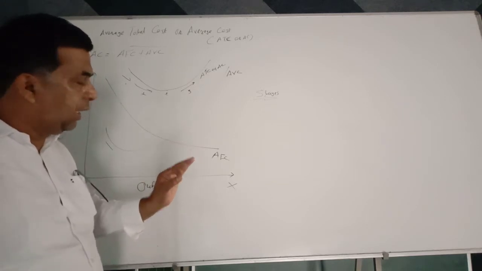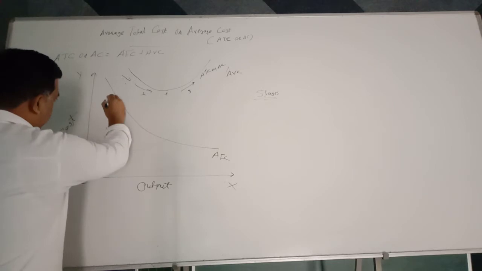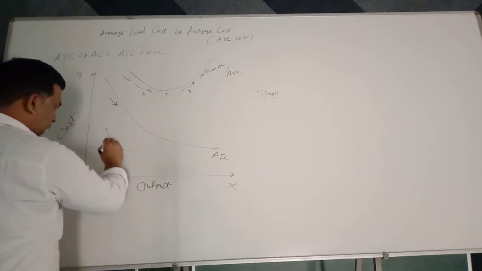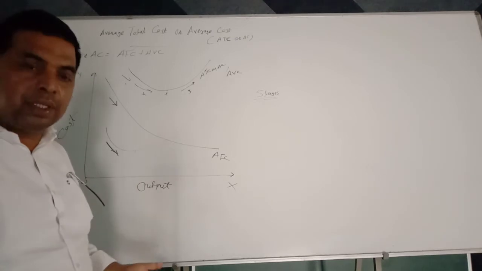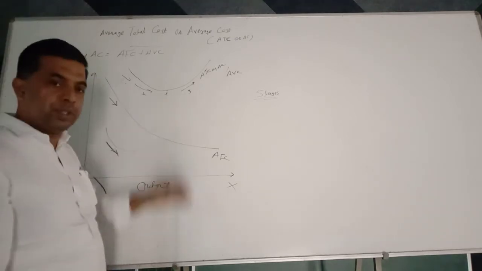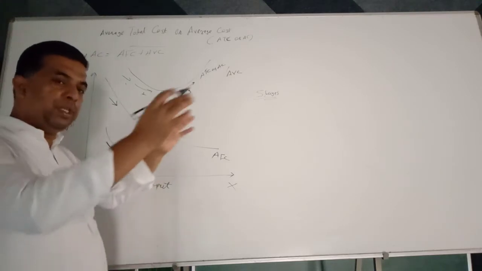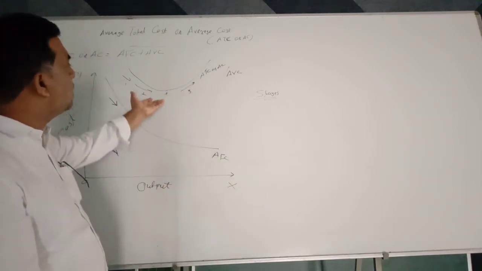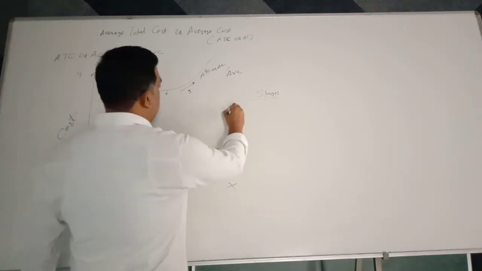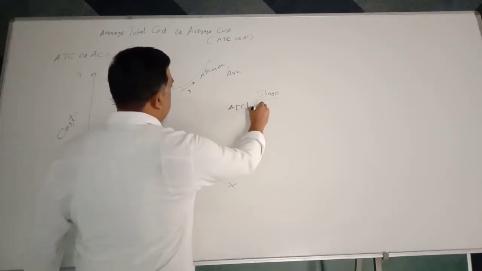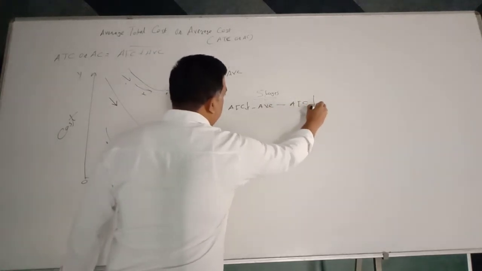In the beginning, in the first stage, average fixed cost falls, average variable cost also falls. So as a result, average total cost falls. Okay, average fixed cost fall हो रहा है, average variable cost fall हो रहा है, तो obviously average total cost will also fall. Suppose AFC falls, AVC falls, therefore ATC also falls.